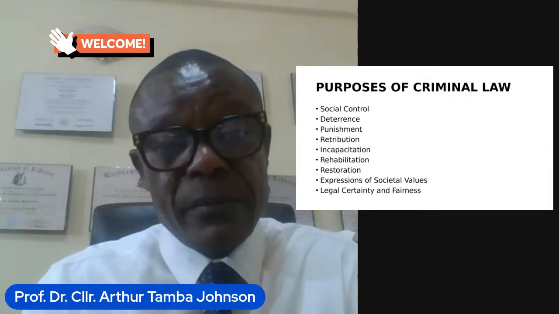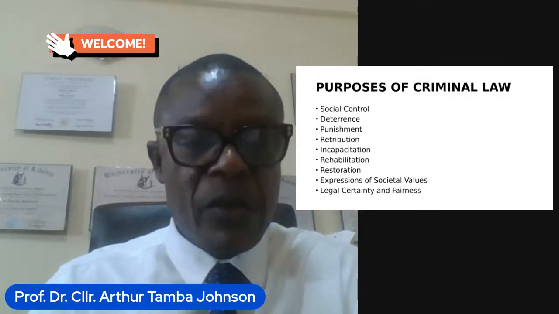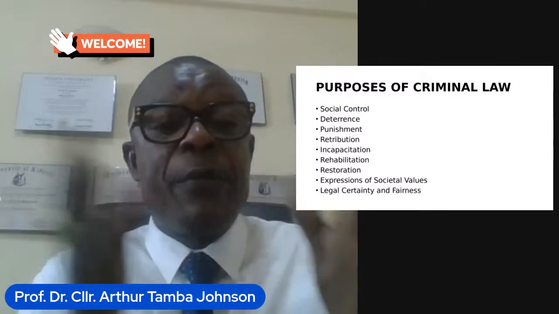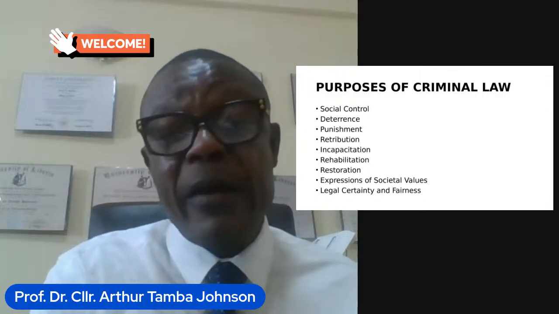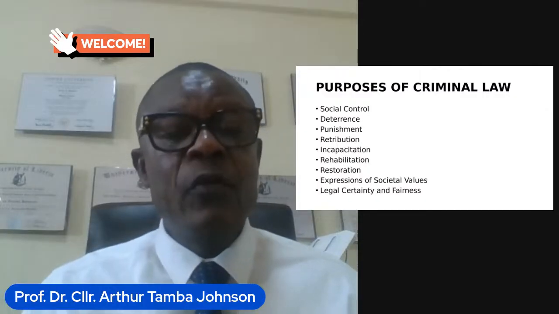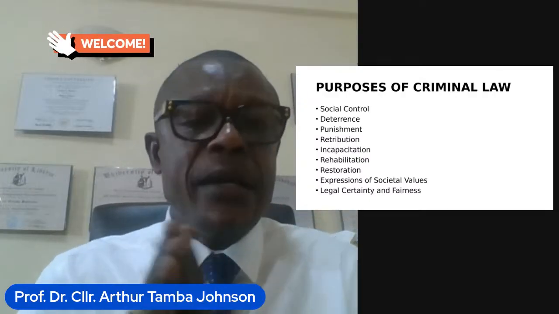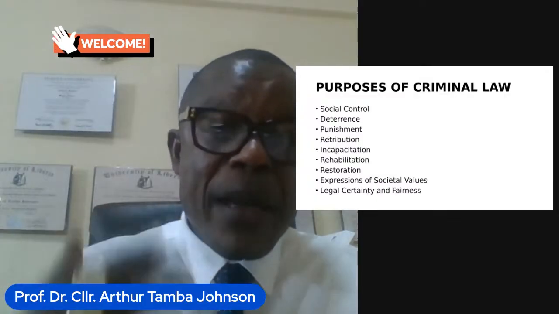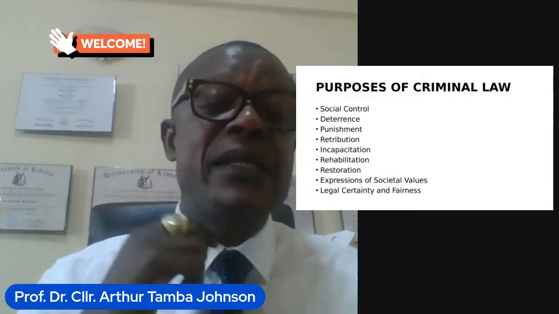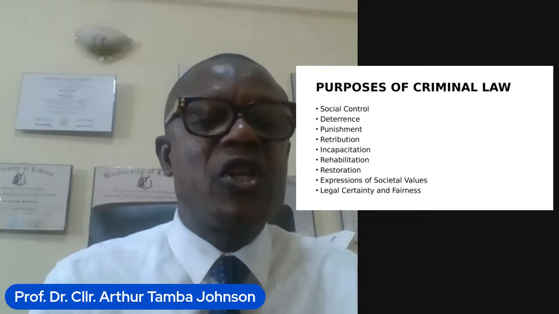That is why when a person commits a crime, they will always say the man is against the state. When you go in criminal cases, you hear them say the Republic or the People versus John Brown. It means John Brown committed a crime, and it is the society that represents the people that is prosecuting John Brown in the interest of public safety. So society takes vengeance. When you commit a criminal conduct, it is a crime against the state. The victim is just a private prosecutor, if that's a male.